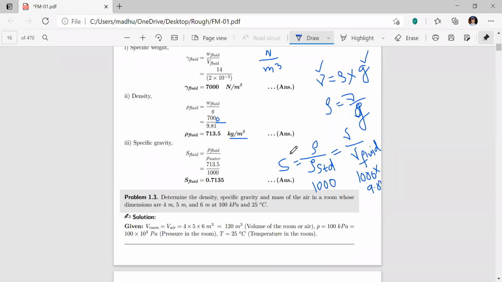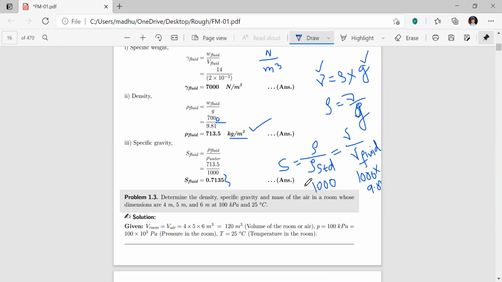Now if you use this equation, then whatever the answer you got in this one, that is 713, divided by 1000 you have to do. If you use this equation, then 7000 divided by 1000 into 9.81 you have to do. So both will give you the same answer, that is 0.7135.